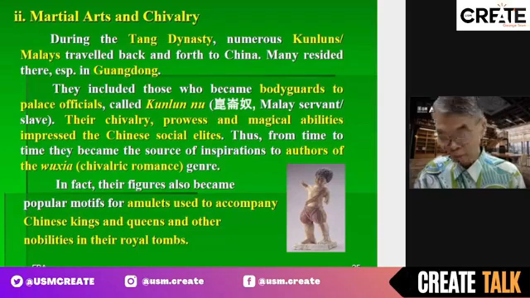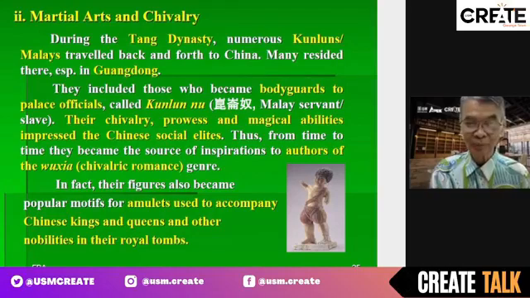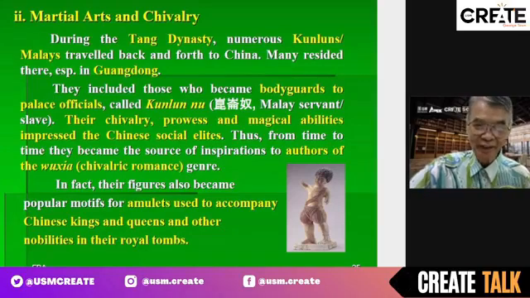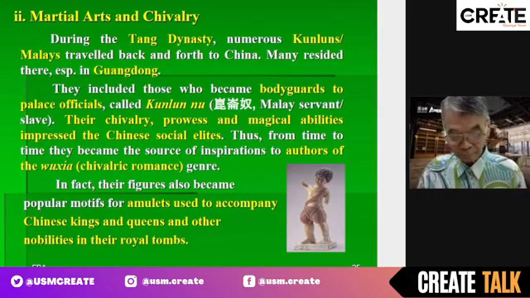This is one. This is a Malay guy who has been placed in one of the royal tombs, and he is there guarding either the king or the queen or other royal families who have passed away.